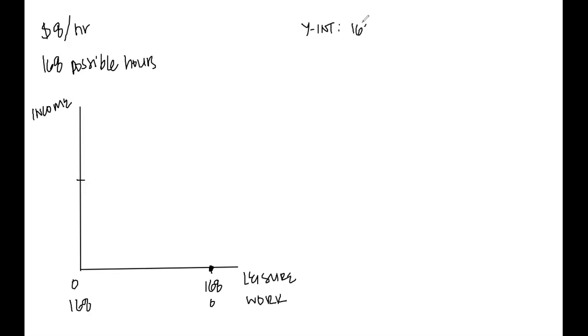If he were to work 168 hours at a wage rate of $8 an hour, his total income would be $1,344. So we know that's our y-intercept. Then we can just draw a line to connect the 2 points.